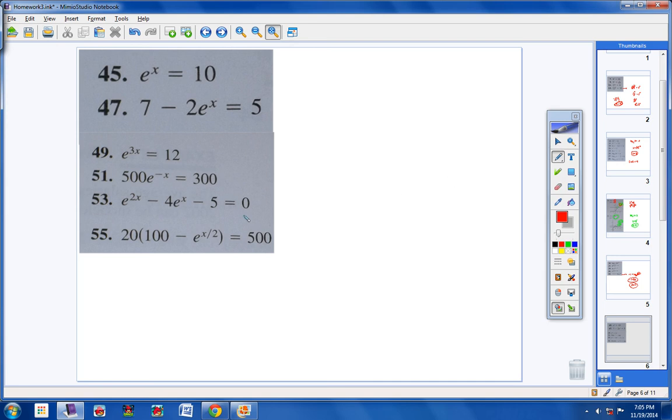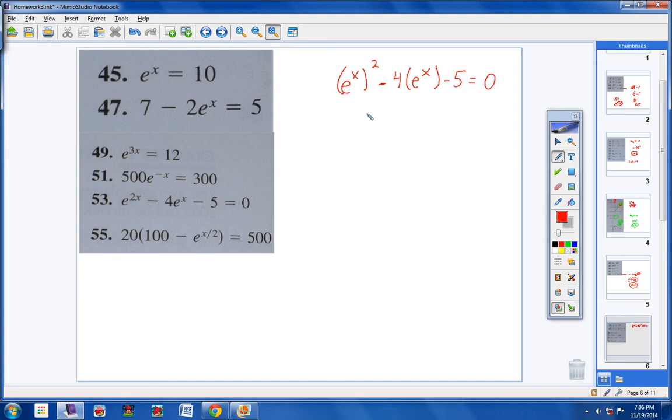Now this is one of those, guys, where we're going to have to rewrite it like it's a quadratic equation. So here we go. We're going to say that e to the 2x is the same thing as e to the x squared minus 4 times e to the x minus 5.